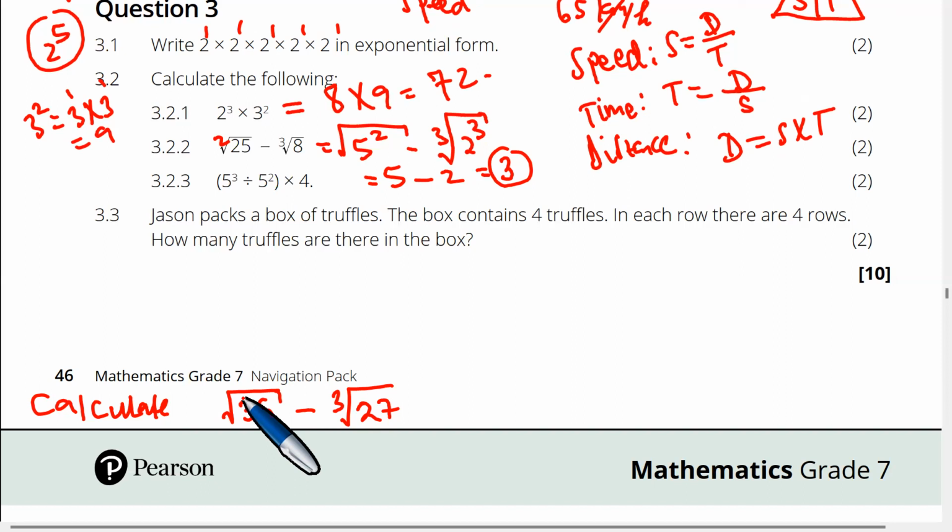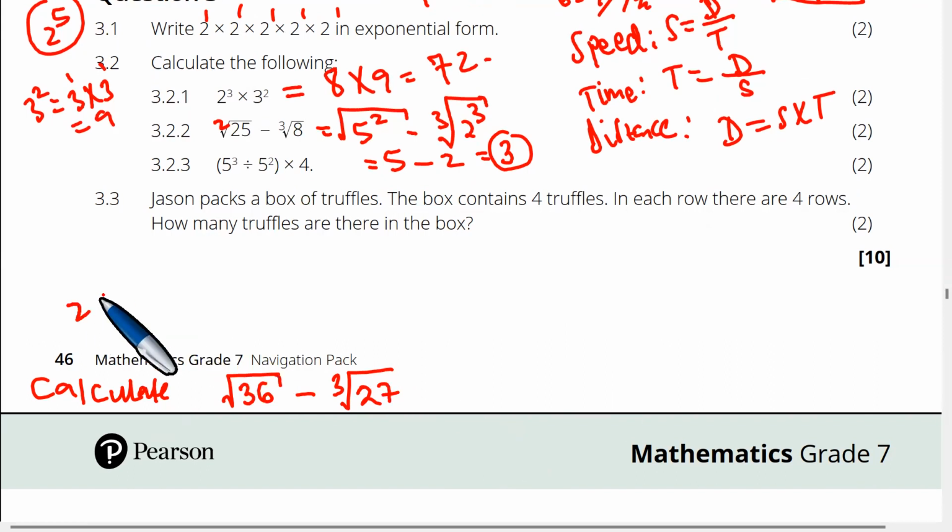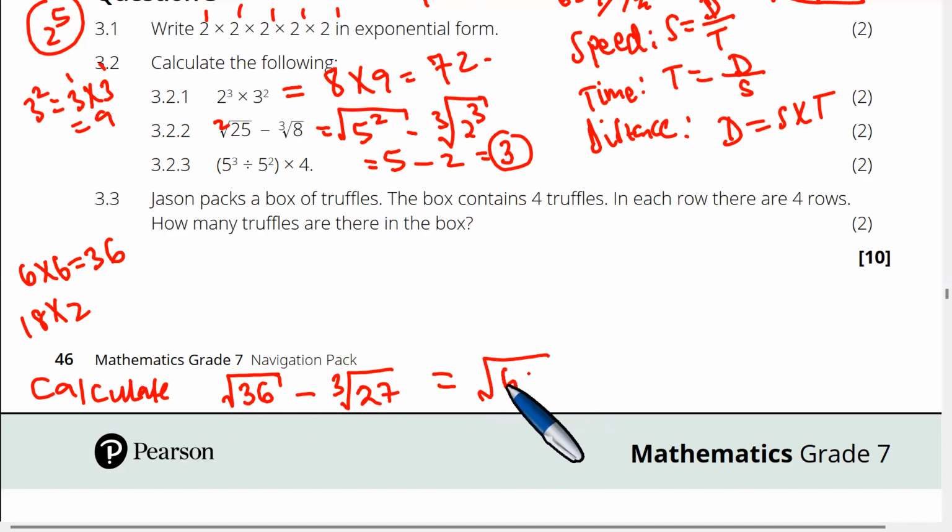Isn't it 18 times 2? Yes, it is correct, but the thing is that 18 and 2 are not the same number. But we know that 6 times 6 is equal to 36. So 36 is like 6 by 6.